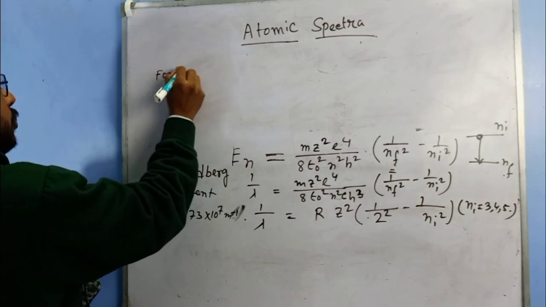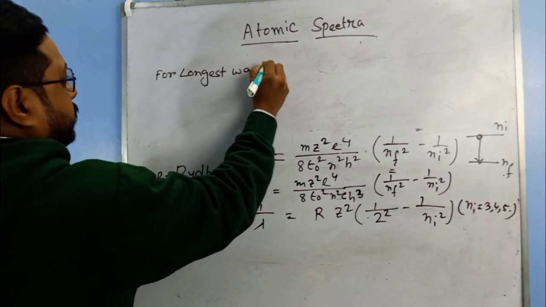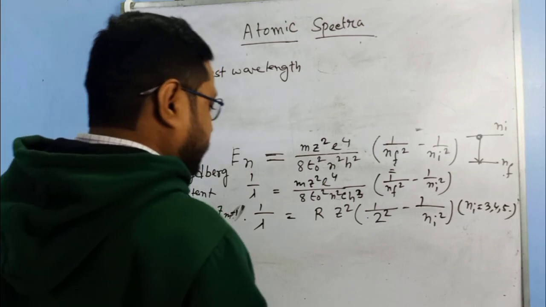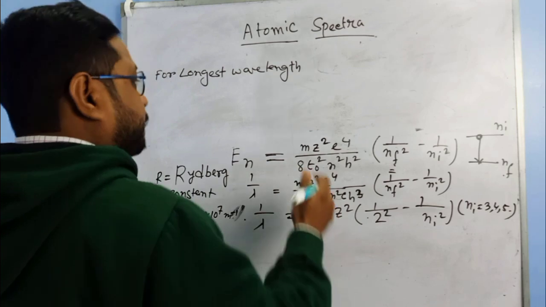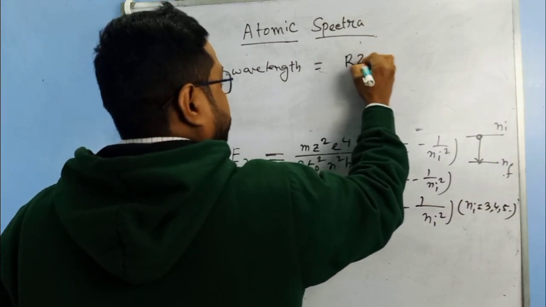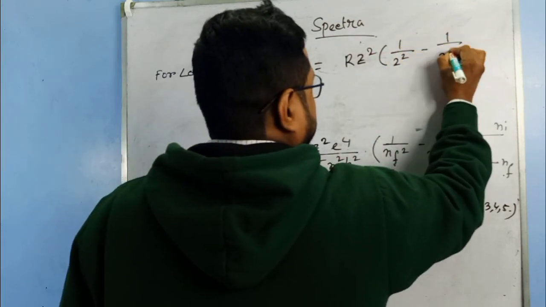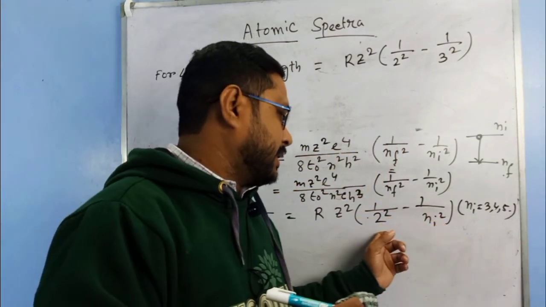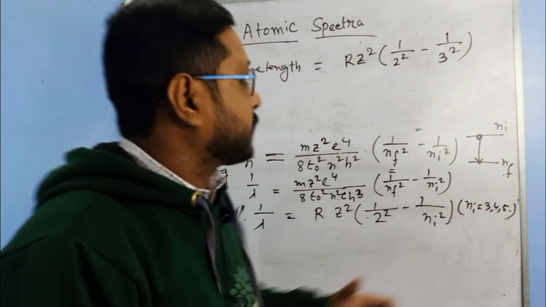Now, for the longest wavelength, what will it be? Longest wavelength: 1 by lambda equal to R z square, 1 by 2 square minus 1 by 3 square, that is, just greater than nf, the starting value of ni.